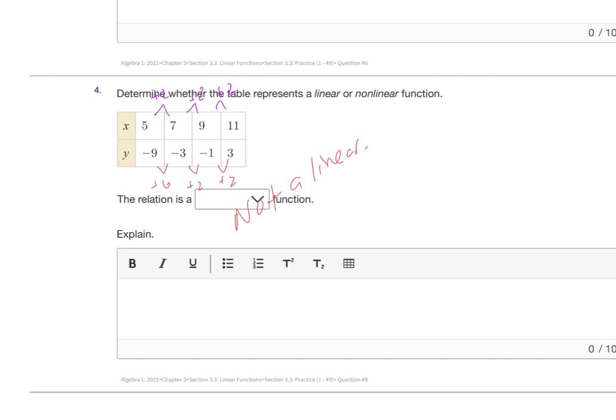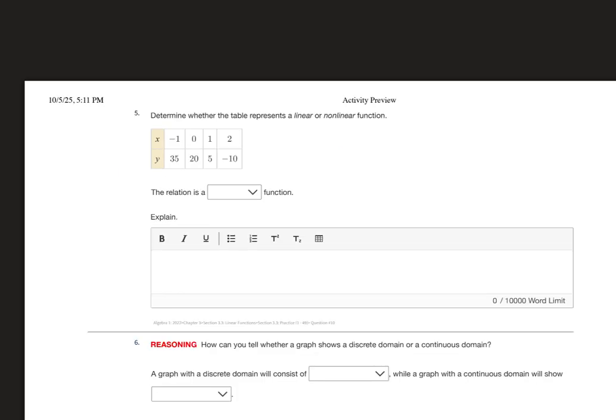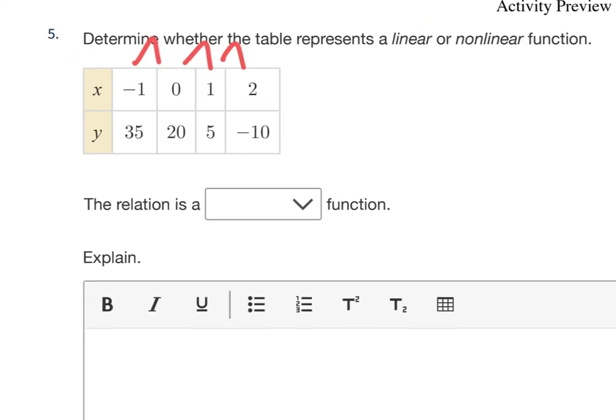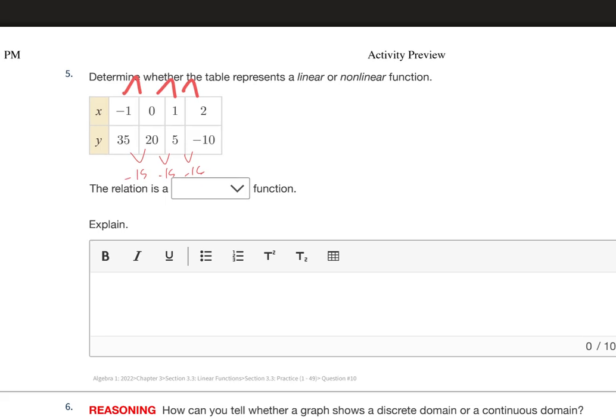We need a constant rate of change on a linear function. Number 5, looks like we're going up 1, 1, 1. That's pretty straightforward. Down 15, down 15, down 15. This is a linear function with a rate of change or slope of negative 15.